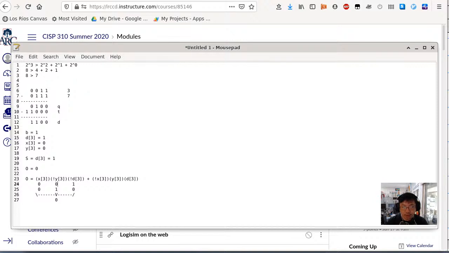So let's look at the right hand side of this calculation. X3 itself is a 0, Y3 itself is a 0, D3 itself is a 1. Then we look at the negation, but this time we're only negating the first one, which is the X. So that becomes a 1. Now we have 1, 0, 1 over here, and we make the conjunction out of these three.